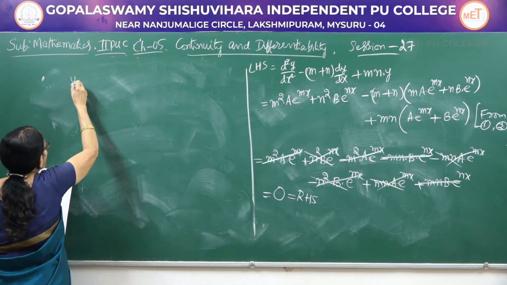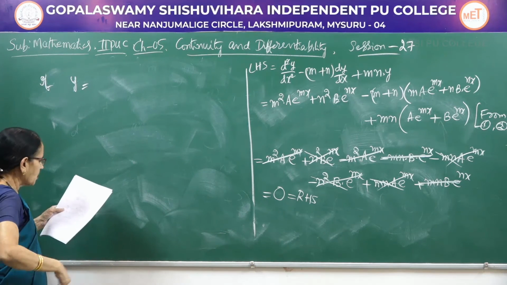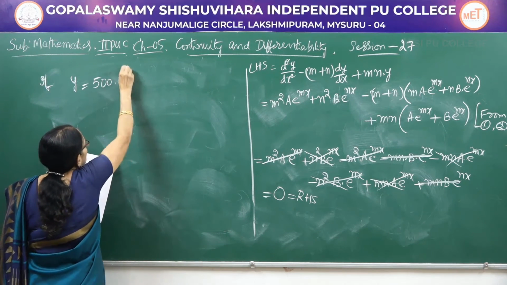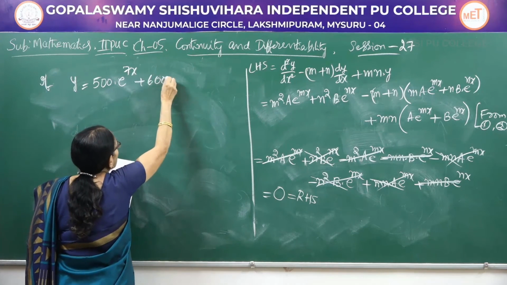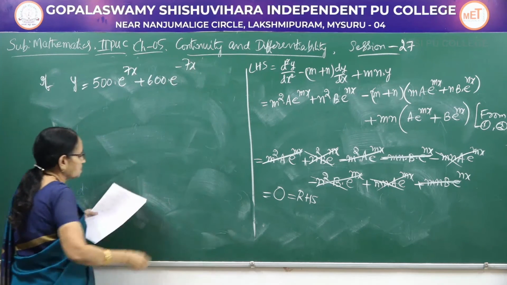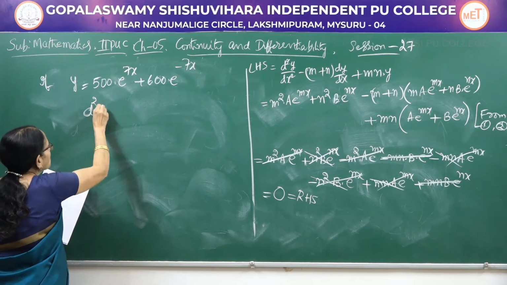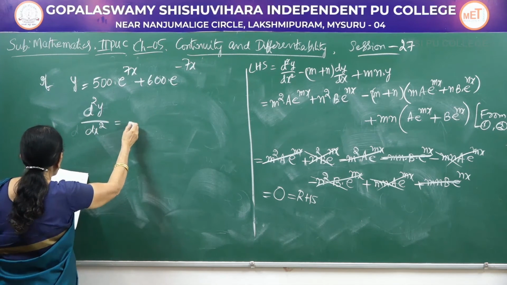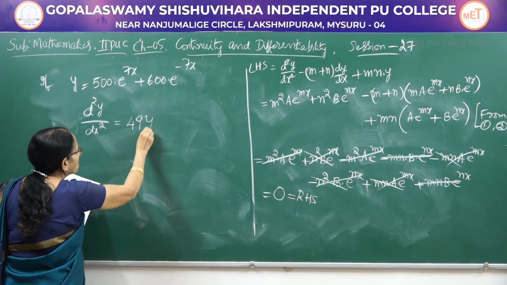If y is equal to 500 into e to the power 7x plus 600 into e to the power minus 7x, then prove that d square y by dx square would be equal to 49 times y.